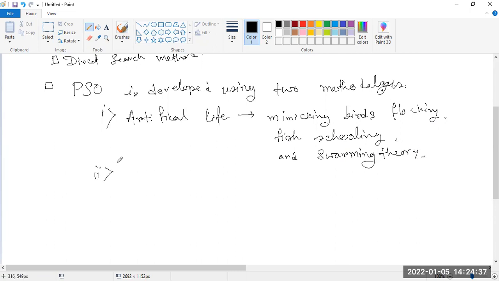Second is evolutionary computation. They are mimicking artificial life and evolutionary computation. These two are the basic components of the base of the PSO.